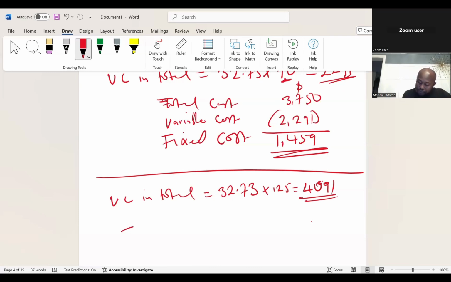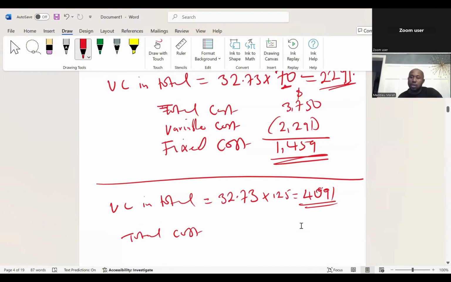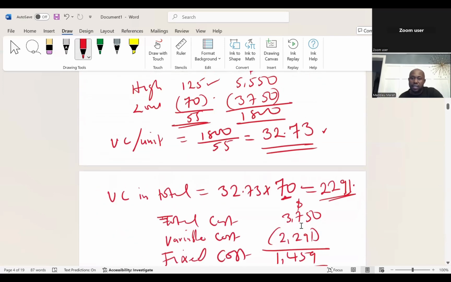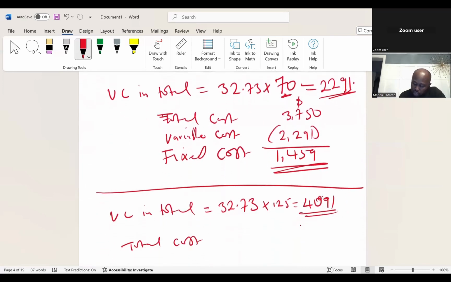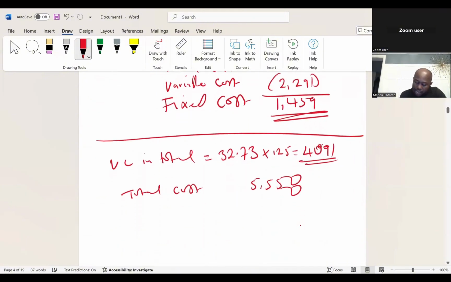So now, because I use the high activity, I'm going to use the total cost for the high activity. Total cost for the high activity in this question is 5,550. And I have my variable cost to be 4091.